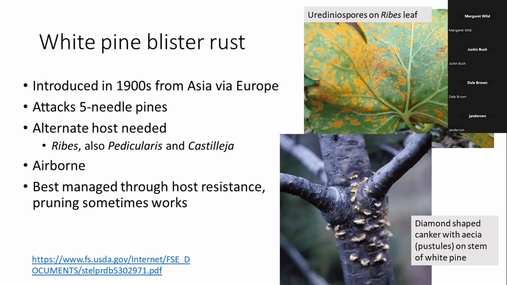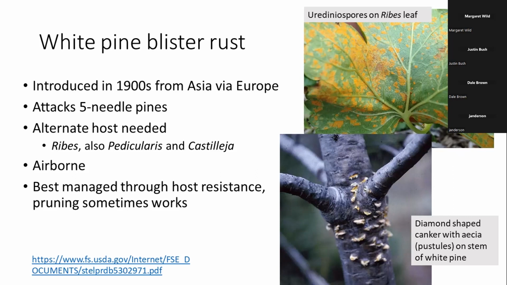It's very difficult to control because the spores are airborne. So they blow around, they land on a susceptible host. If you have the right timing, then you'll get disease. And the severe disease that we're concerned about is on the pine host, where you see these blistery pustules that contain spores.